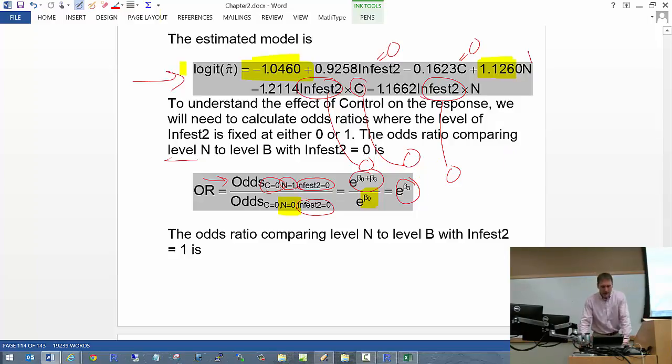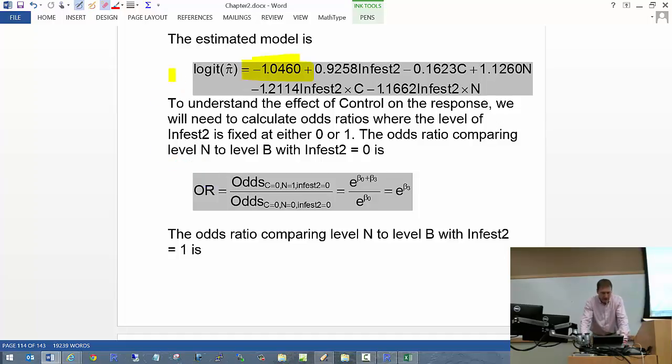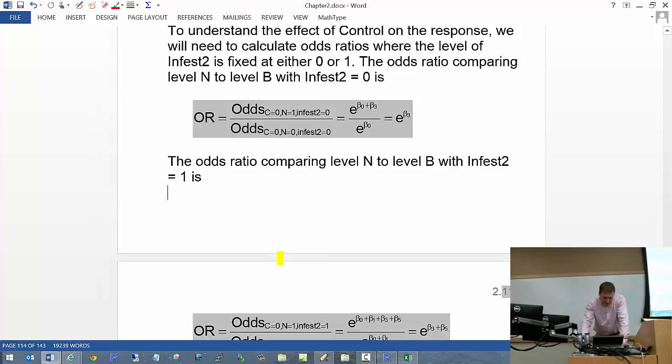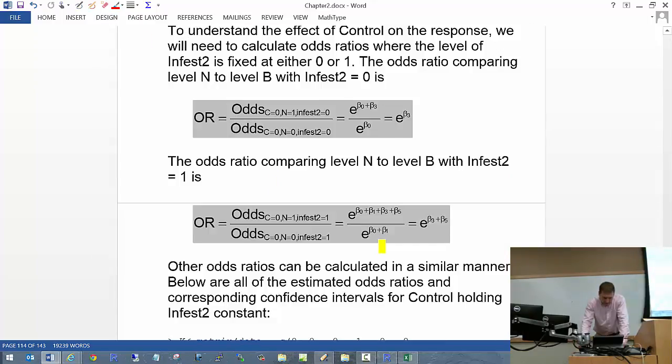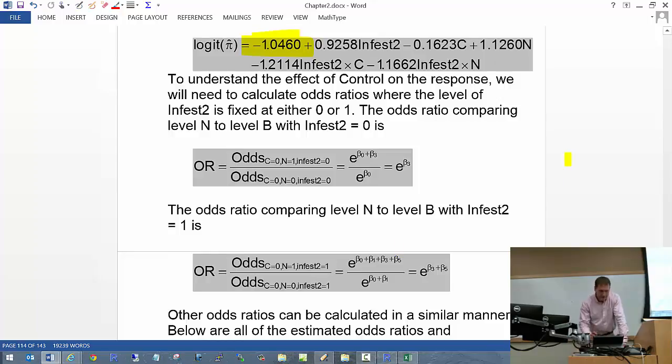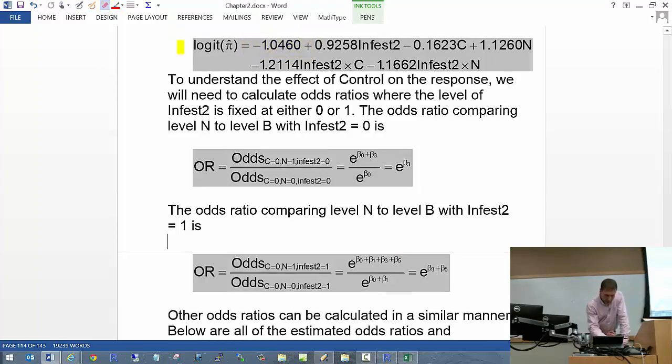Well, what happens then, do some erasing. What happens now if I look at the odds ratio where infest2 is equal to 1? There we go. Let me erase that too.